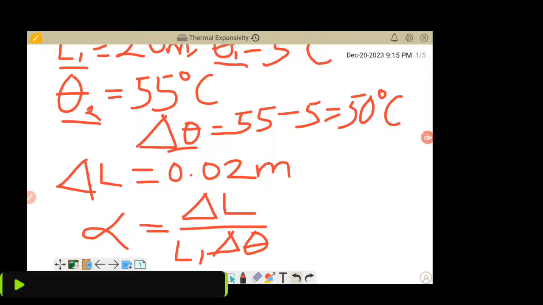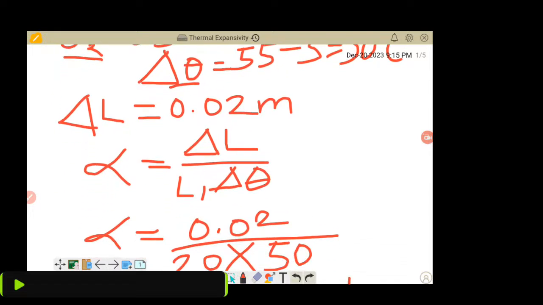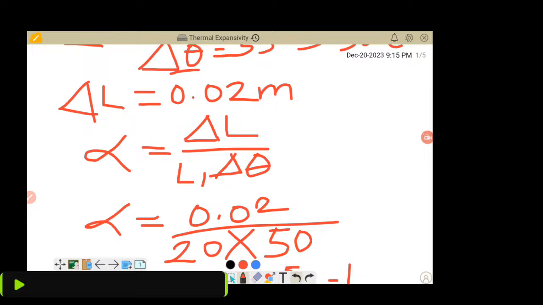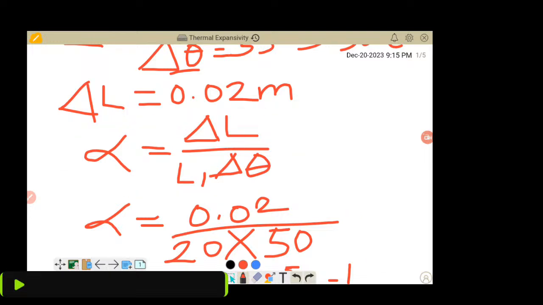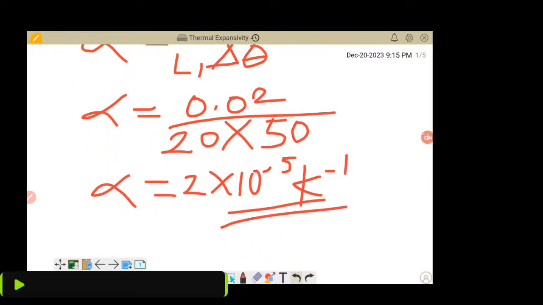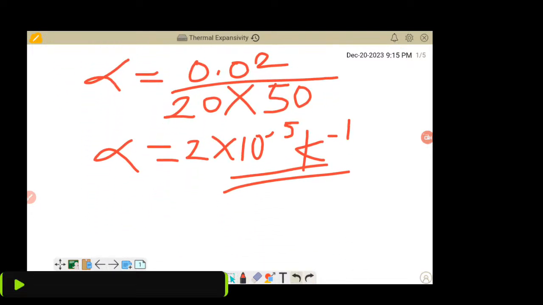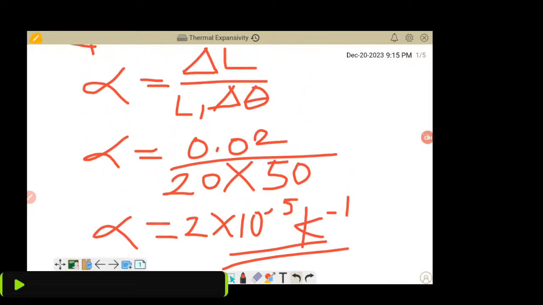We are now asked to find linear expansivity, and the formula for linear expansivity is what we have right here. Substituting our parameters into the formula, we have the answer, which is 2 multiplied by 10 to the minus 5 per Kelvin. That is our first example.